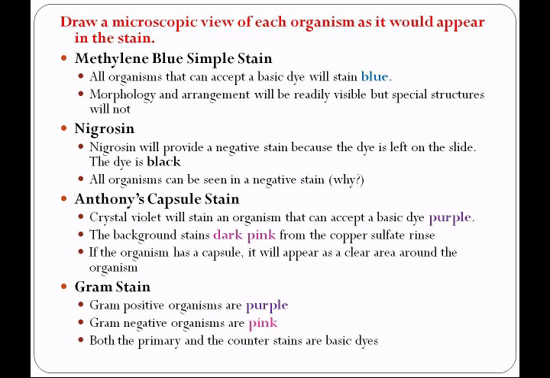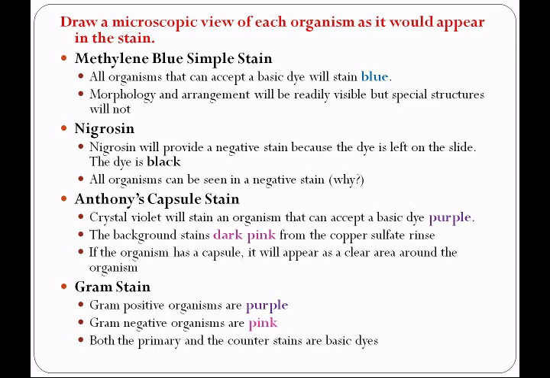Next is Anthony's capsule stain. Anthony's capsule stain involved crystal violet and a copper sulfate rinse. The copper sulfate was allowed to stay on the slide. The capsule stain, therefore, is a type of negative stain. The organism itself is stained with crystal violet if it can accept a basic dye. Because crystal violet is purple, an organism that can accept a basic dye will appear purple.